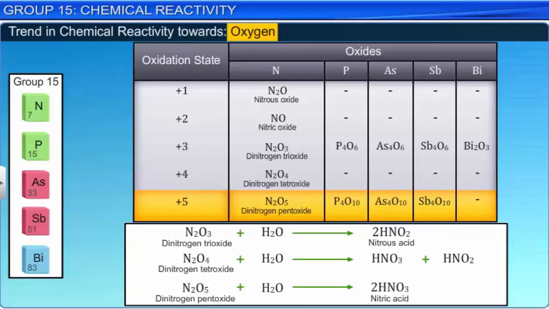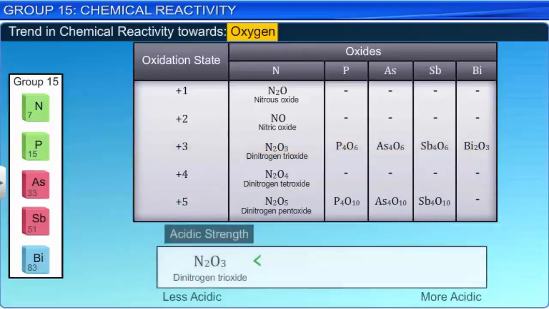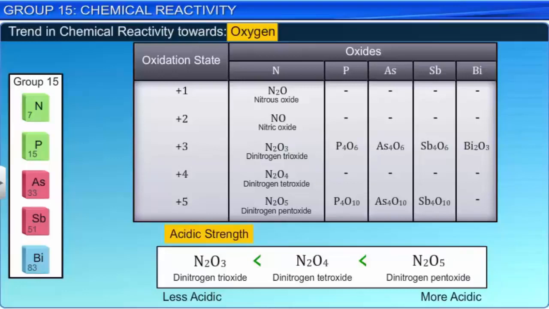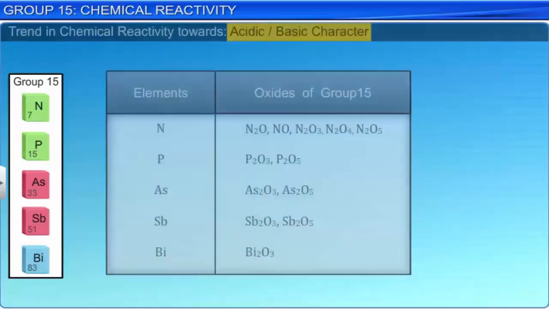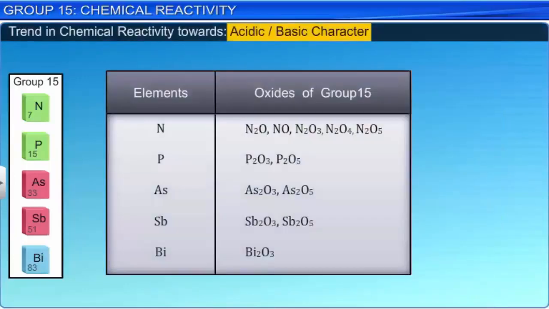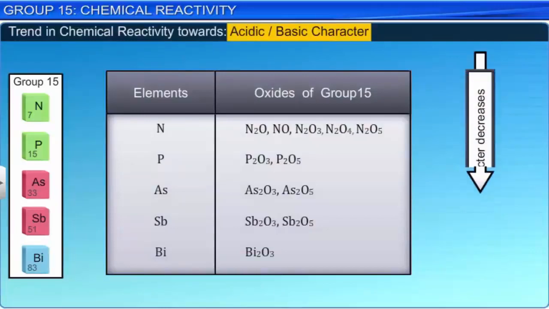Hence, the acidic strength of oxides of nitrogen increases from dinitrogen trioxide to dinitrogen pentoxide. As we move down the group, the acidic character decreases. In other words, the basic character of oxides increases on moving down the group.